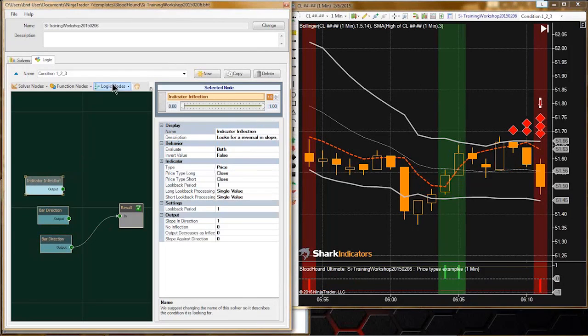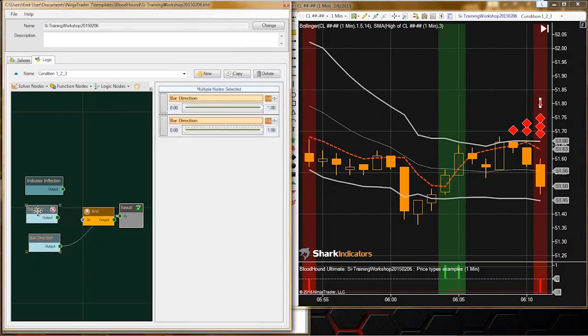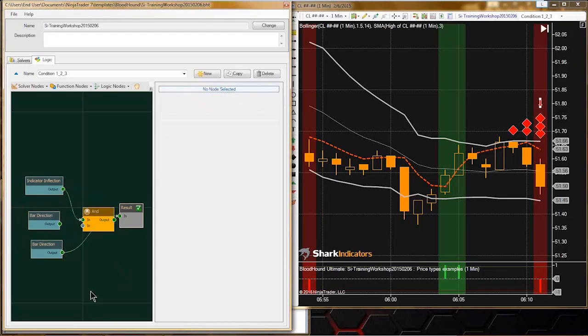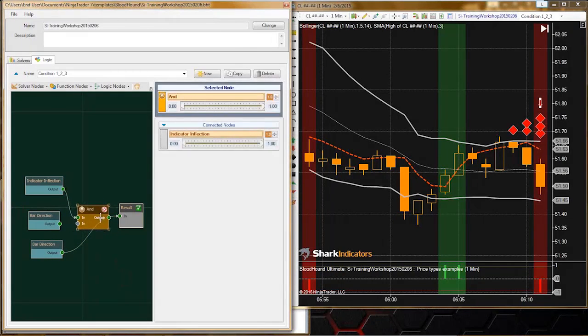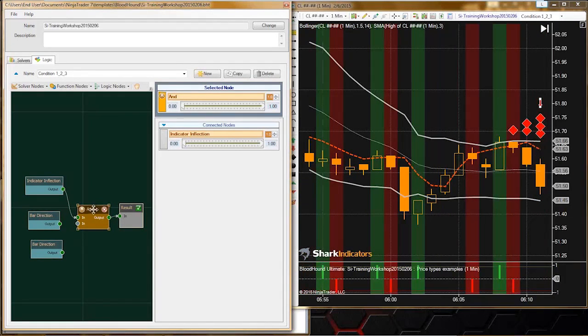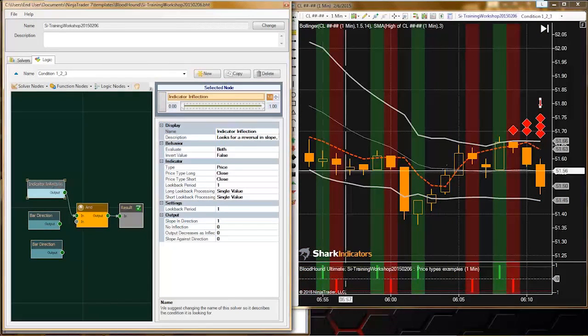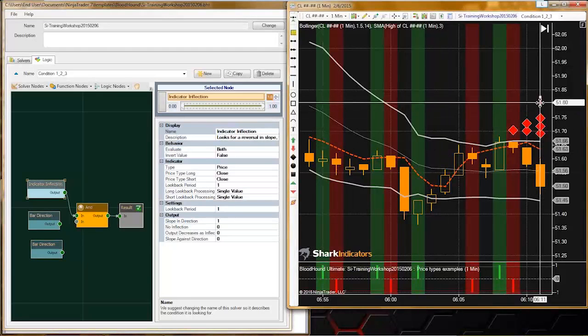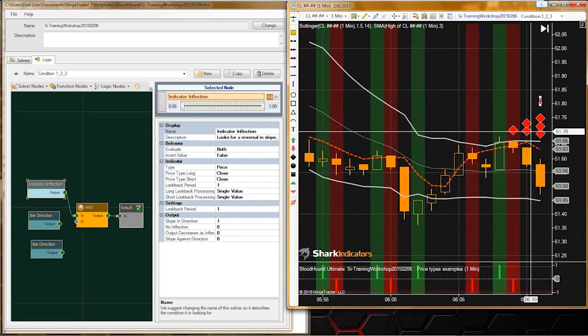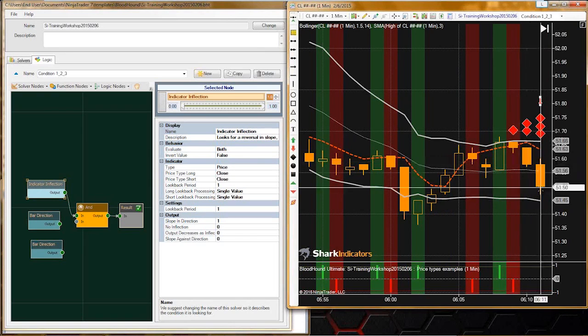Okay. Now, just to illustrate, if we stick these all into an AND node, it's not going to work. Oh, let me click off there. There we go. Alright, so we can see our inflection solver. Right, we can see that there's no signal on the second and third condition bars.